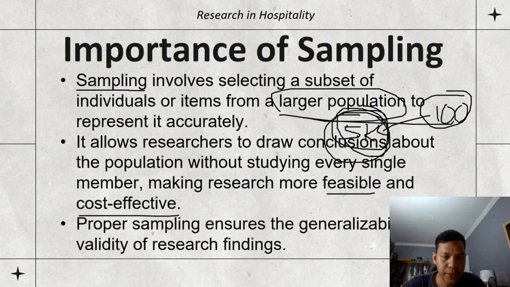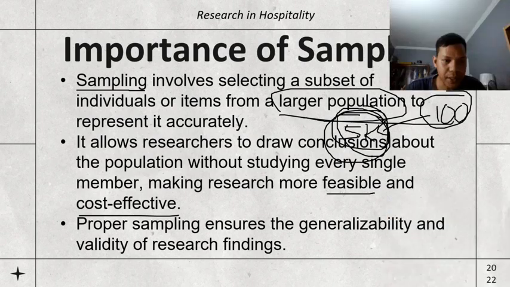Next, proper sampling ensures the generalizability and validity of research findings. So we need to use the proper sampling techniques to validate our research findings.